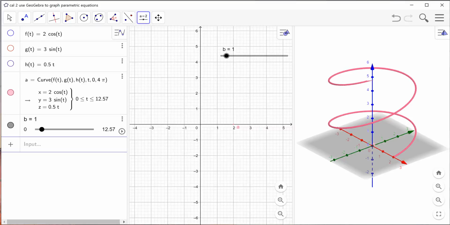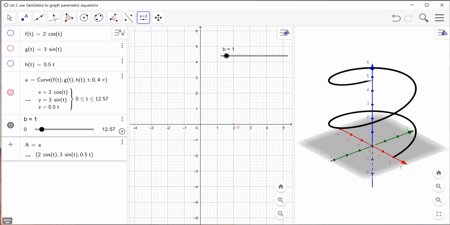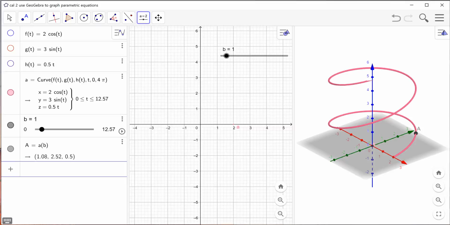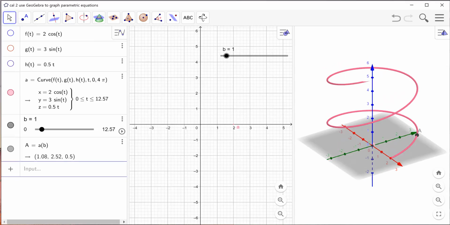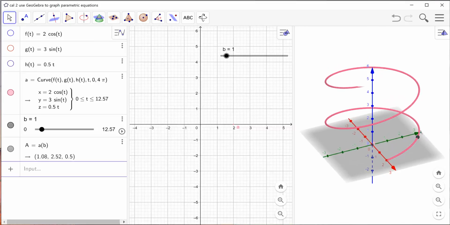And then how do we build this point? Let's call it A. A is, we see the curve is small a. So small a, evaluate, we plug in t equals b. Enter. Then you can see we have the point A. Can you see this point A?